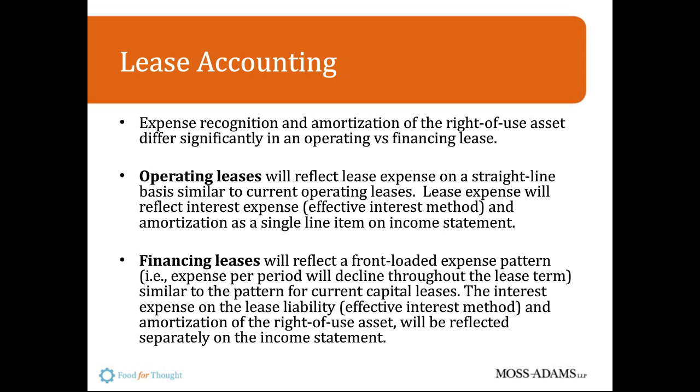If it's a financing lease, however, the expense is going to be front-loaded, very similar to a current capital lease where you have an expense that basically declines over the years of the lease. And the other distinction is that the interest expense and amortization expense are recognized separately on the P&L as two different line items.